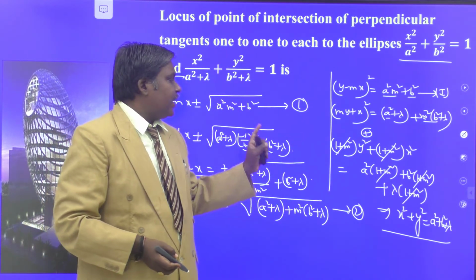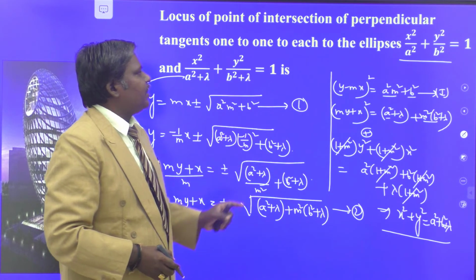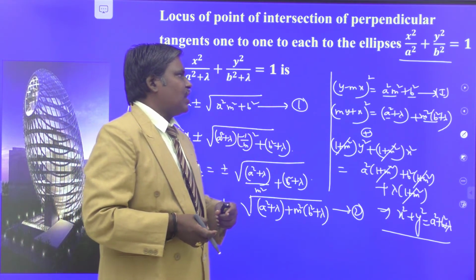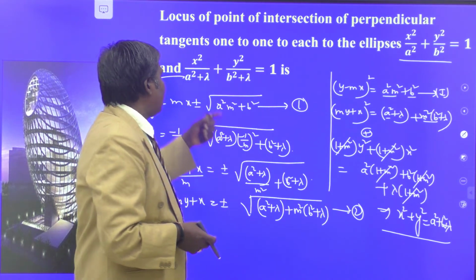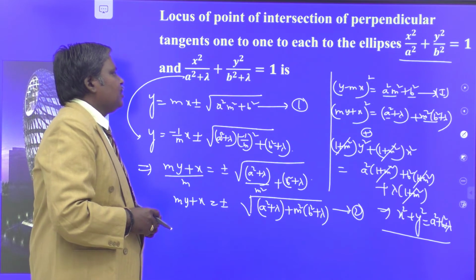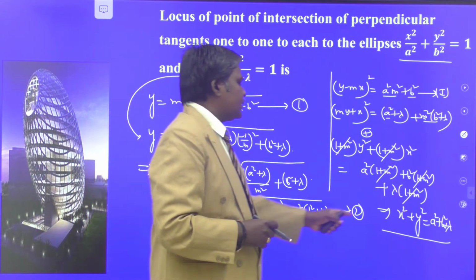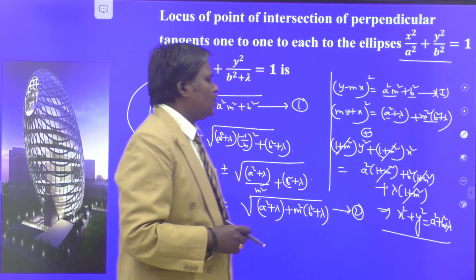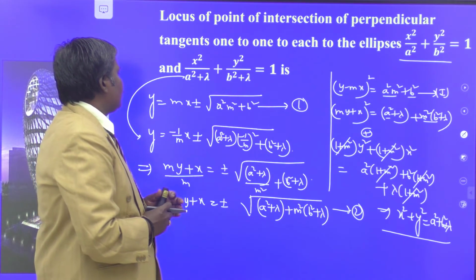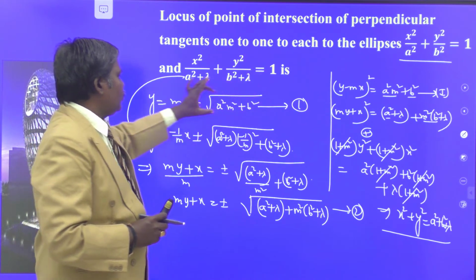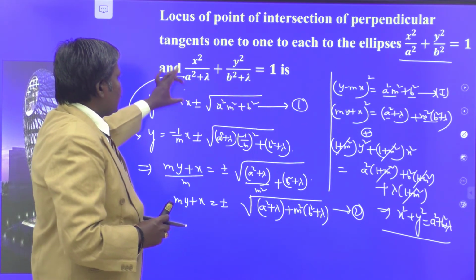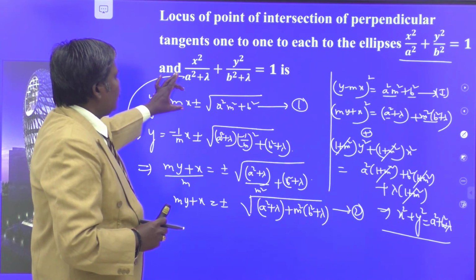Locus of point of intersection of perpendicular tangents drawn to each of the ellipses x square by a square plus y square by b square equal to 1 and x square by a square plus lambda plus y square by b square plus lambda equal to 1 is x square plus y square is equal to a square plus b square plus lambda. So the only logic is you write the general tangent that you know, and from this you write the equation of the tangent to the other ellipse such that the line is perpendicular to this one.